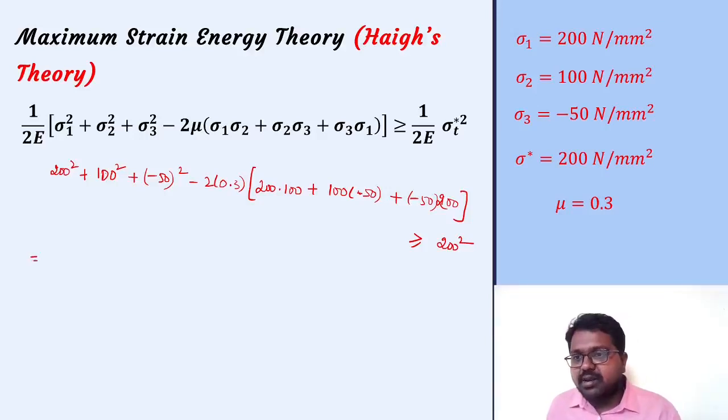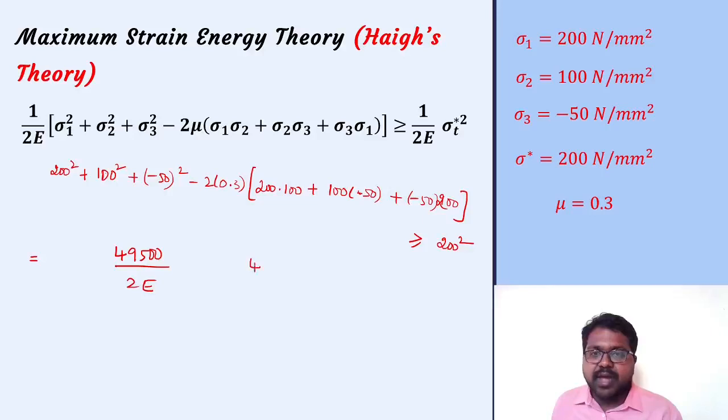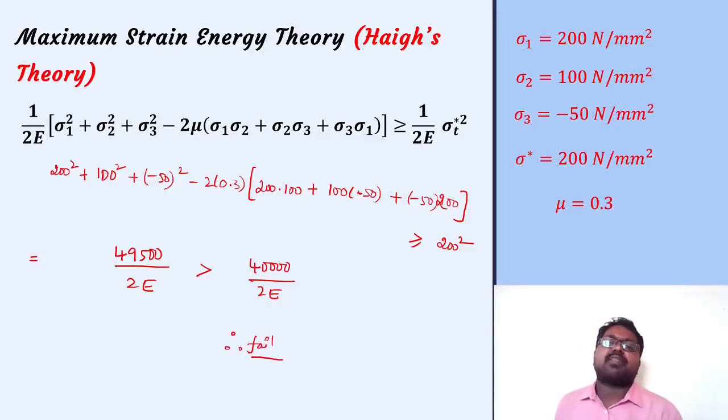If we simplify this, we get the value of the total strain energy as 49,500 by 2E. At the same time, here we got the value as 40,000 by 2E. So the total strain energy per unit volume in the material is greater than the total strain energy per unit volume at elastic limit. So the member will fail according to the condition.